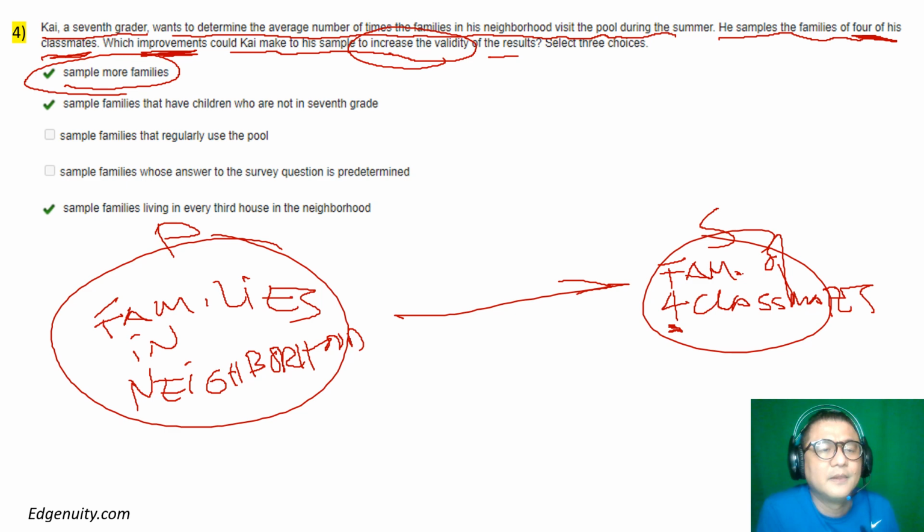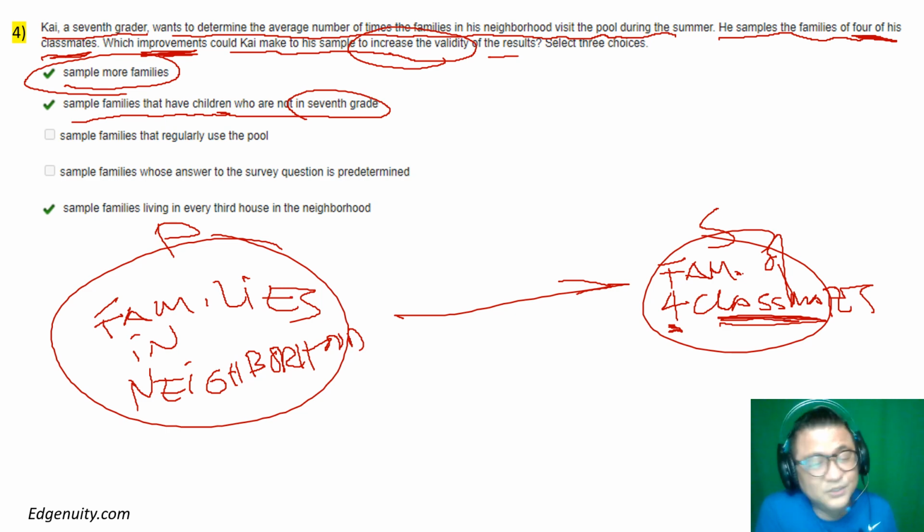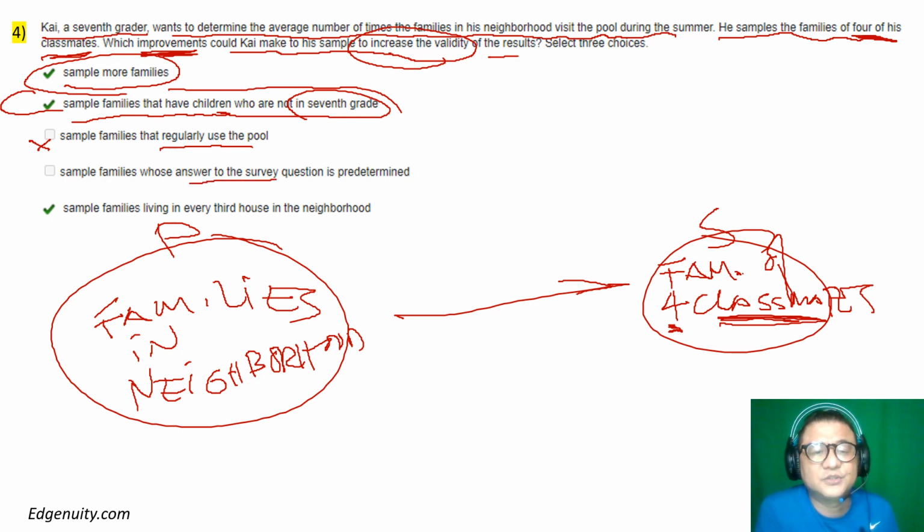Sample families that have children who are not in the 7th grade, because it's just his classmates. Yes, include other grades. That makes sense. Sample families that regularly use the pool. No, you want to know whether they're using it or not. Sample families whose answer to the survey question is predetermined.